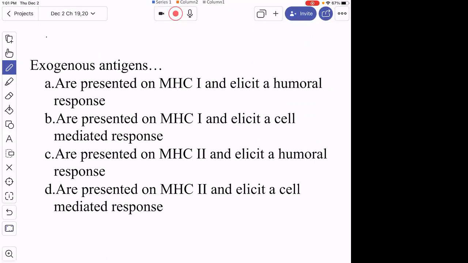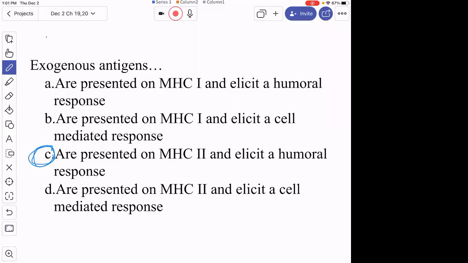Remember, one hand raised, you're volunteering what's inside of the cell. So the endogenous ones get presented by MHC class 1 to cytotoxic T cells. Exogenous antigens get presented by MHC class 2, and those are going to be presented to T helper cells that are going to help activate B cells, make antibodies. So that's a humoral response.